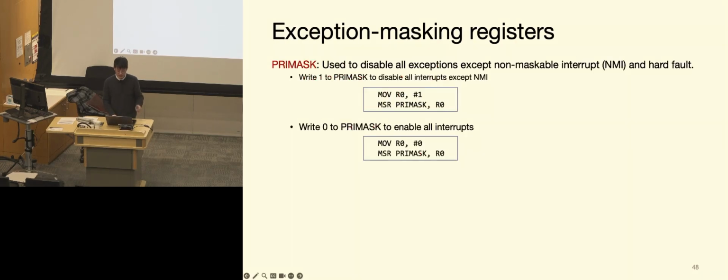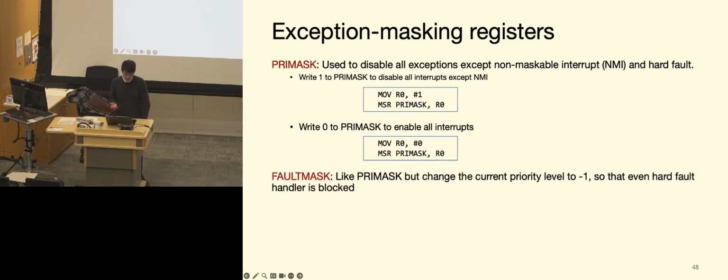There are some other similar exception masking registers, for example PRIMASK. It is a little bit stronger, more powerful than that. It disables all the exceptions except the three non-maskable ones we mentioned before.